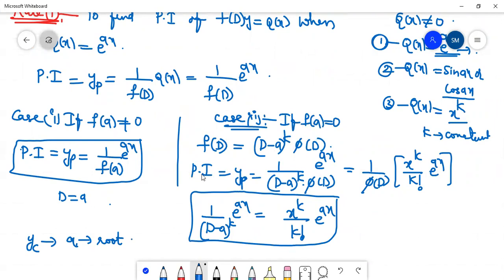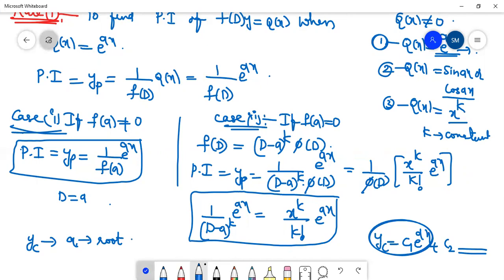Just observe, if the complementary function yc has c1 e power ax plus the other functions, then it satisfies, and that goes to case 2. If no exponential of x coefficient in the yc equals a, then it goes to case 1. You remember that? Understood, ma'am. Yes, ma'am. That is the first rule.